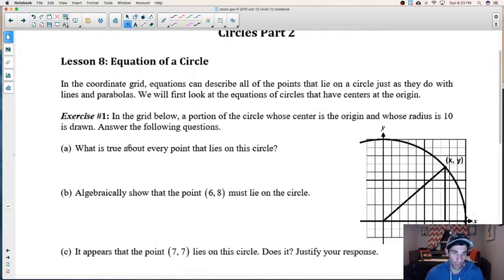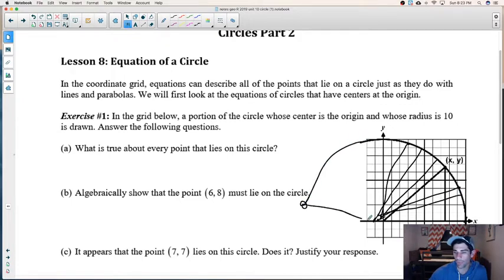It's asking, what is true about every point that lies on this circle? It's talking about this point, this point, that point, all of those points. What is true is no matter what point I choose and I draw that back to the center, they are all the same distance. It doesn't matter if I picked a point from over here and drew it over to there.